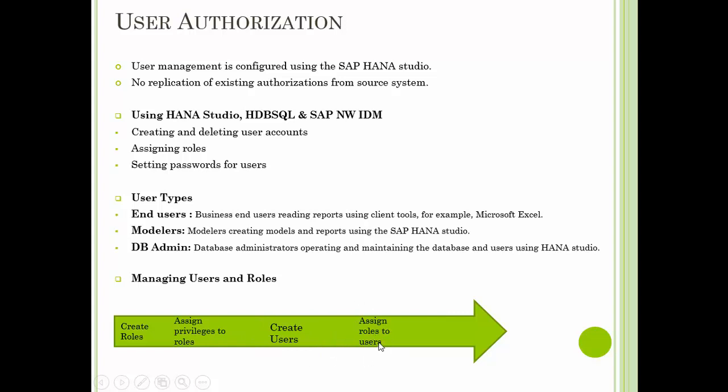So using role management, we first create the roles and assign existing privileges or create new privileges prior to creating roles, and then assign these privileges to roles, then create users, assign the roles to these users, and also we can assign individual privileges to these users, and then we can start.